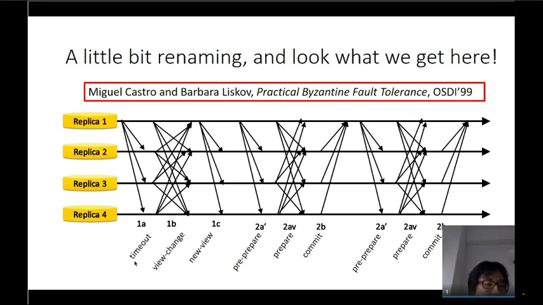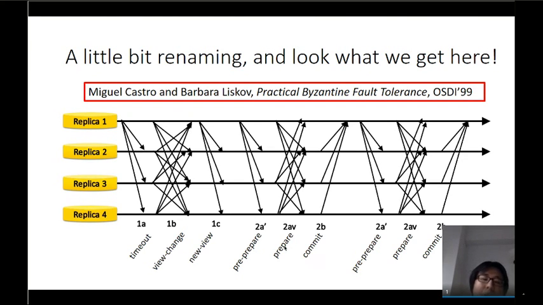It is implied by timeouts. And the phase 1B message is a view change message in PBFT. And the phase 1C is the new view message in PBFT. And the phase 2A prime is pre-prepare, and phase 2AV is prepare, 2B is commit.